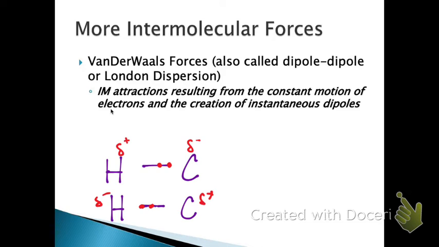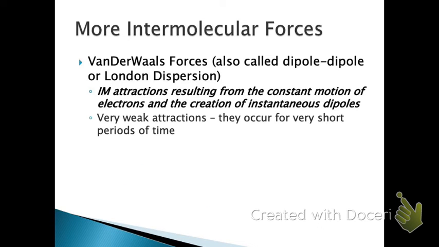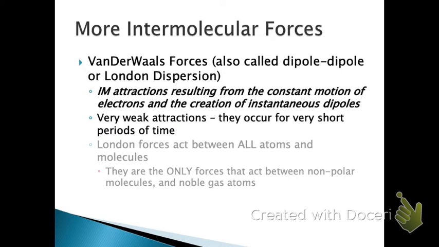It happens very quickly and it's very weak. Okay? But that's what we mean when we say an instantaneous dipole. It only happens for an instant, and it's just due to the motion of those electrons and where they're placed within that bond. It doesn't happen for very long, but it does happen all the time. So they're very, very weak. They only occur for short periods, and they happen in all atoms and all molecules.